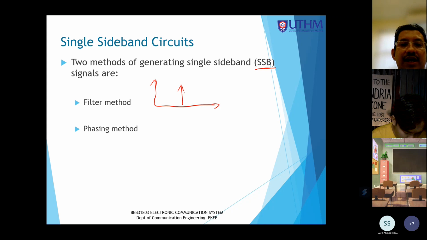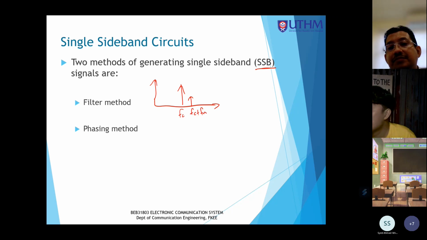That means we have the carrier and we have either one of the sideband, salah satu daripada sideband. Contoh saya ambil upper sideband for example. So this is single sideband without carrier. This is single sideband with carrier. So I have the carrier component and I have the upper sideband FC plus FM.